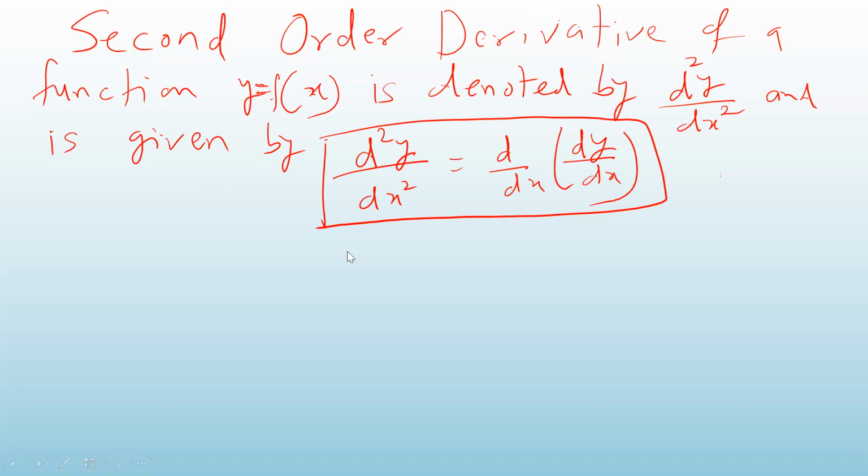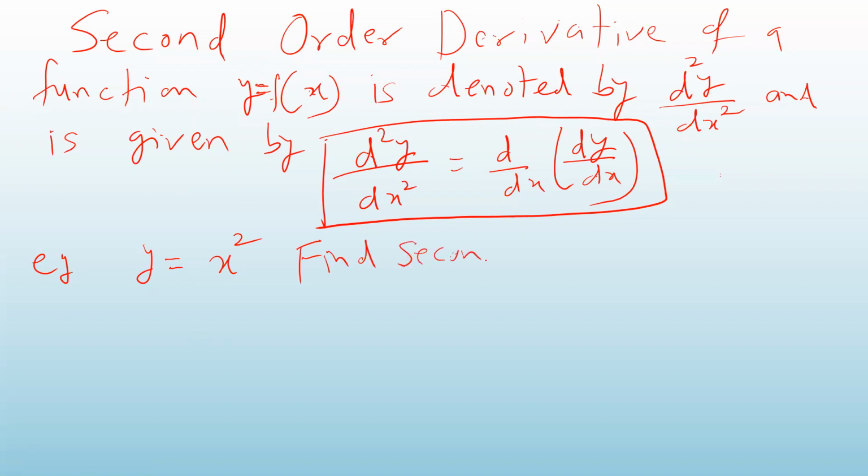I'll explain this with the help of a simple example. Let us take an example. Let us say y is equal to x square. It's a very simple example. Y is a function of x. Okay. Find its second order derivative. This is my question.